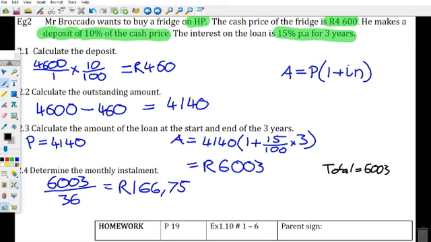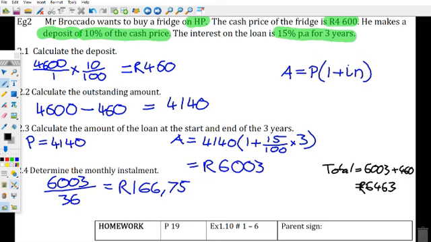What's that first payment he made? 460. It's the deposit. Yes. Plus the 460 Rand. So that's going to be 6,463 Rand for the total cost of that fridge.